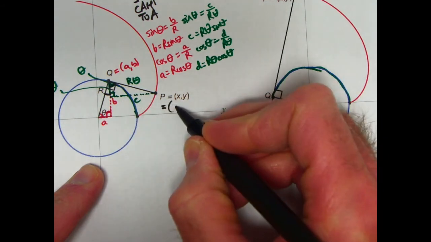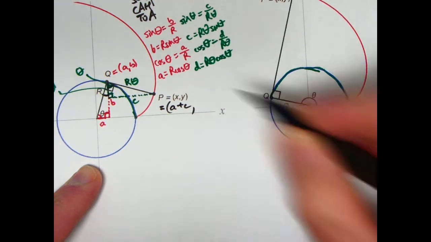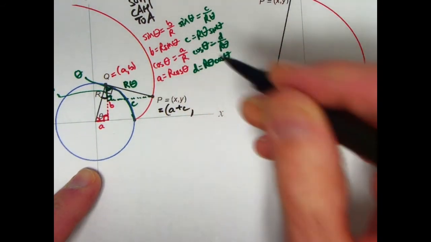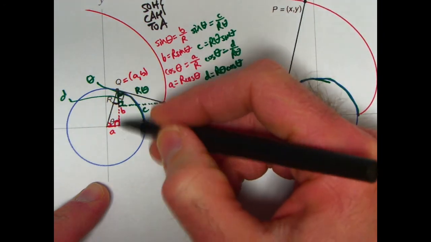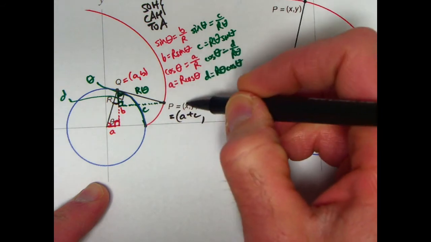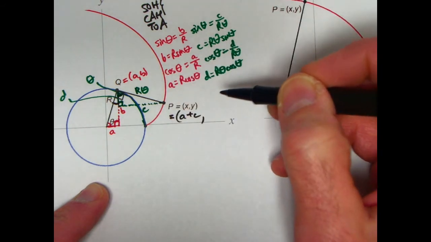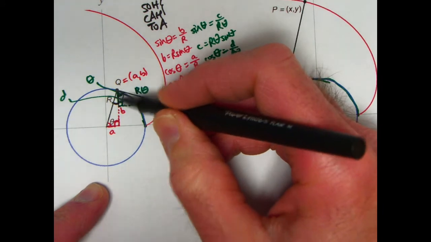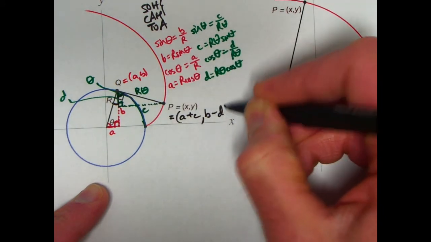A plus C must give you x. What about y? Careful, it's not B plus D. B is the entire length here, which is the second coordinate of Q. But for this picture, at least, P is lower than Q, so y is less than B. By how much? By D. y is B minus D.